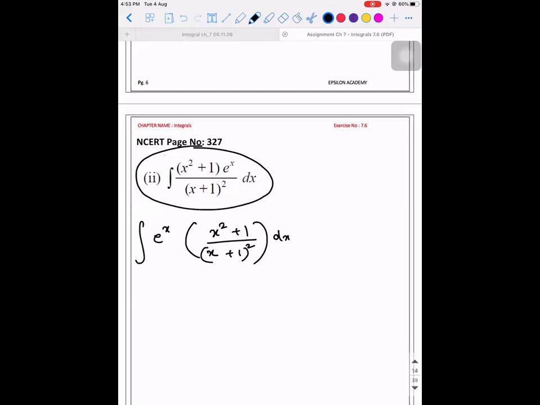Integral of e power x into, how can I split and write it? So I can write as x square by x plus 1 by the whole square. Now, which one is the derivative of other?